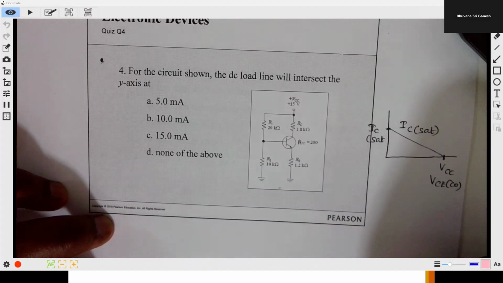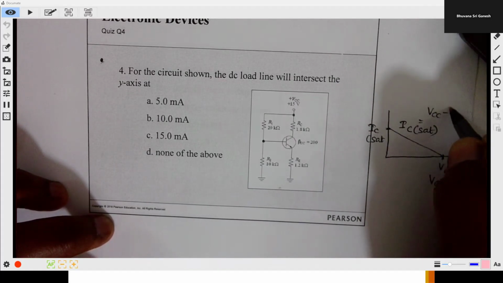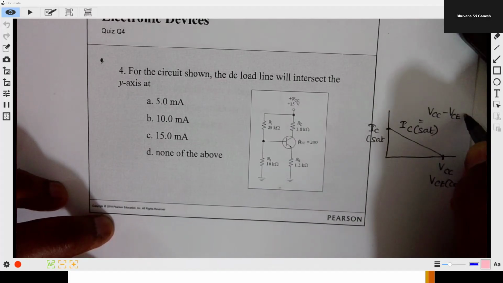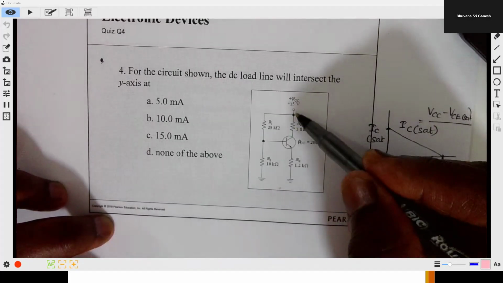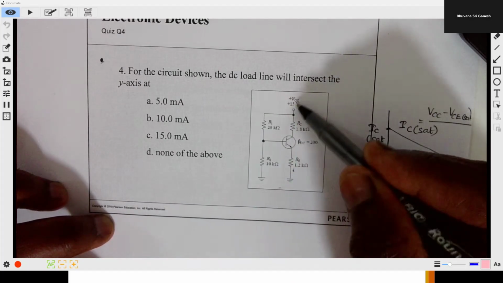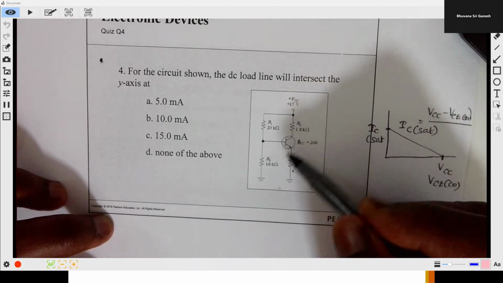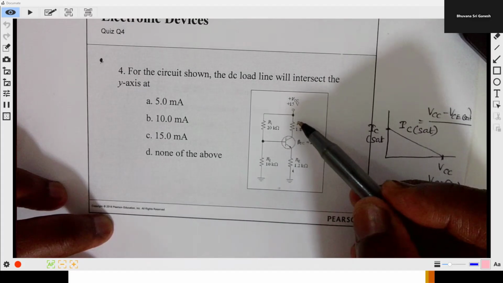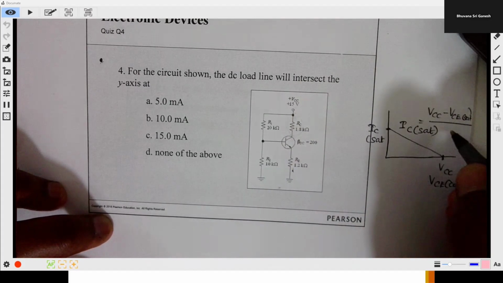You can calculate IC saturation using VCC minus VCE saturation divided by, in this circuit, the two resistors RC plus RE.